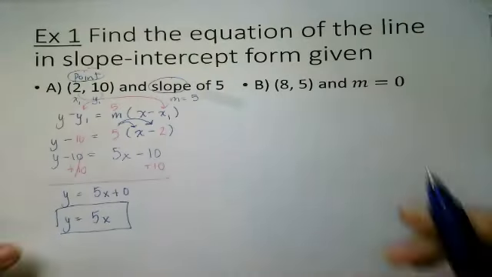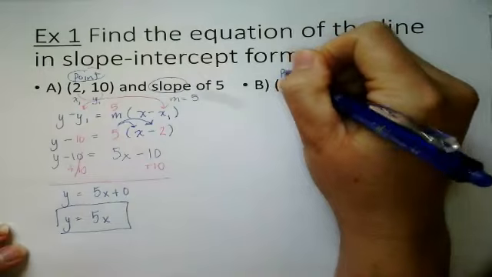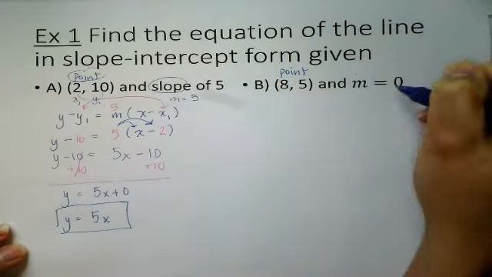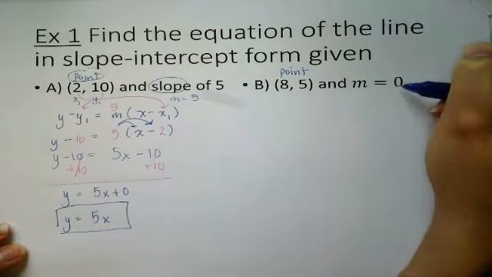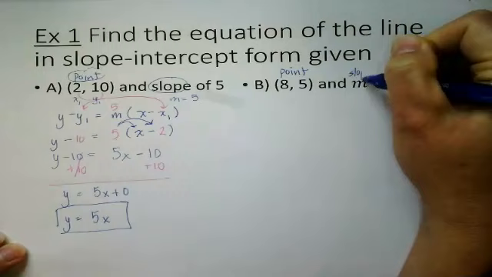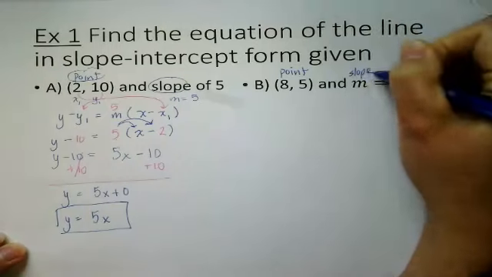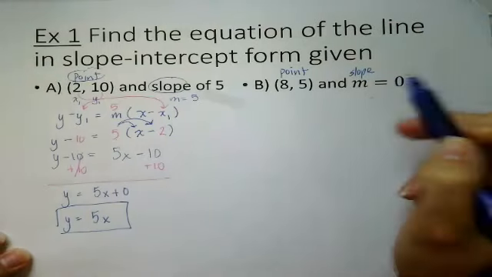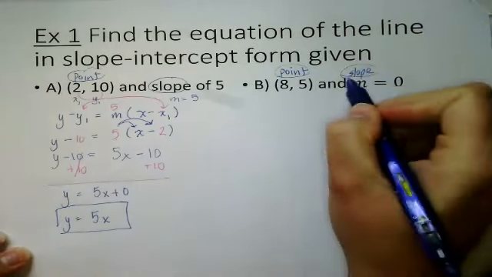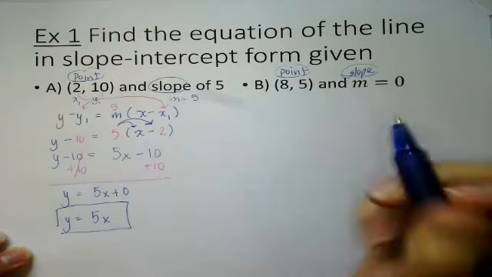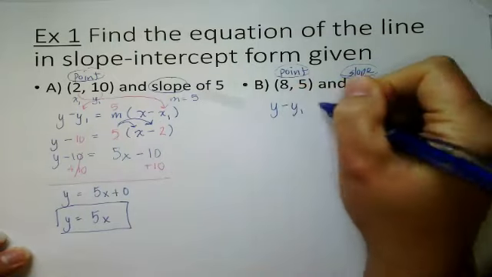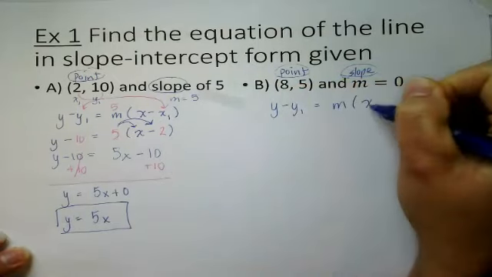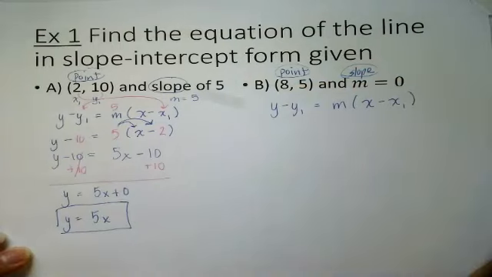All right, another one here. We have this point, (8, 5), and again, they're giving me the equation for the slope, m equals 0. That's telling me that the slope is 0. So again, since I have a point and the slope, I'm going to use point slope form. y minus y1 equals m times the quantity x minus x1.